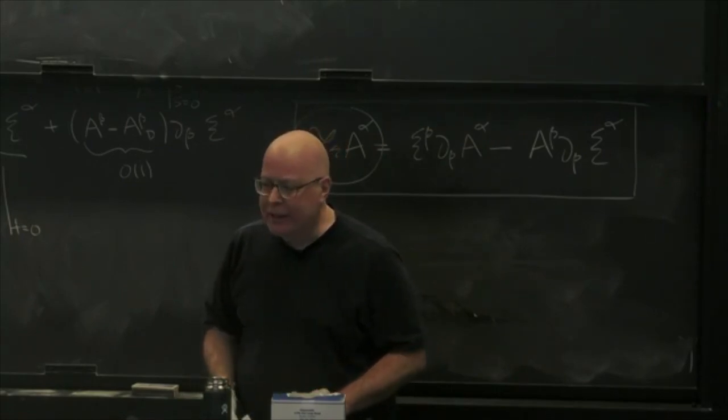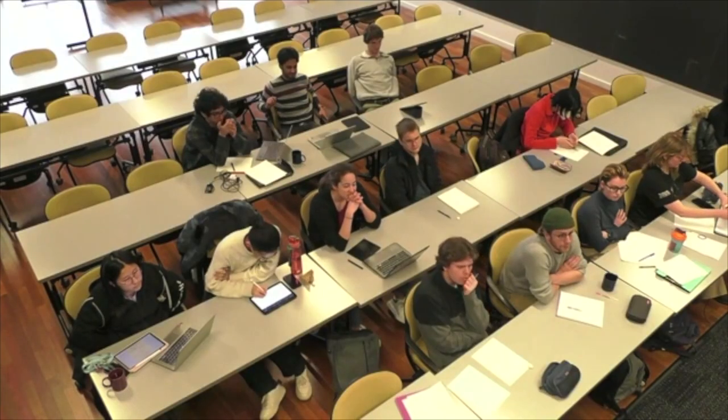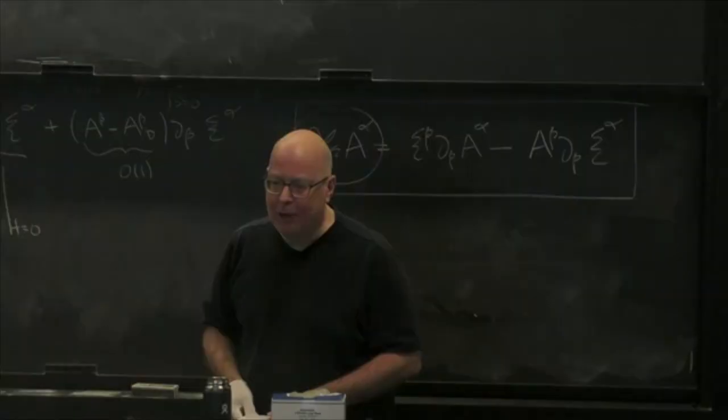All right, so I did see some puzzled faces, so I'm not convinced that you've all followed this calculation, but anyway, I think you'll have a second chance if you go through that document and try again.